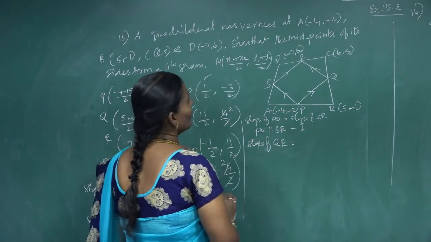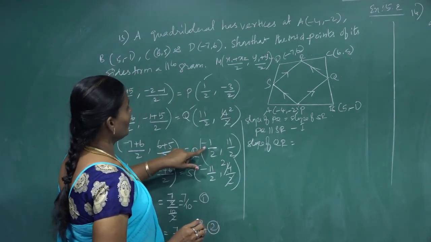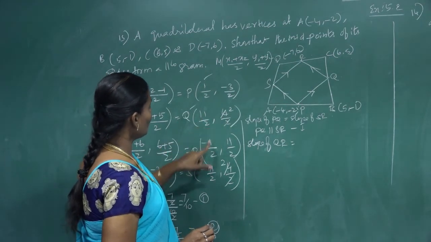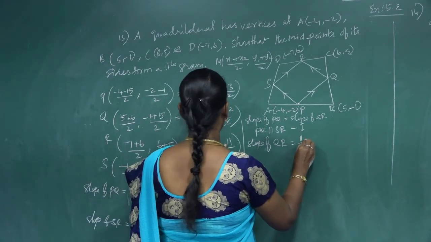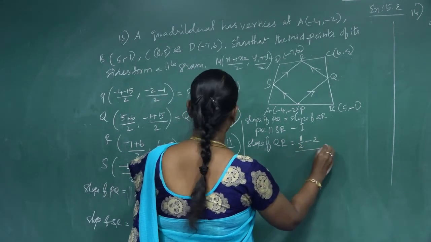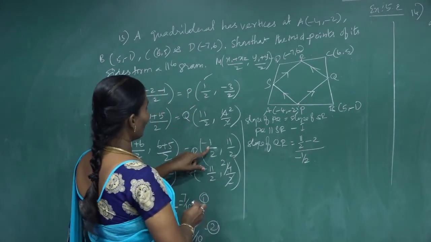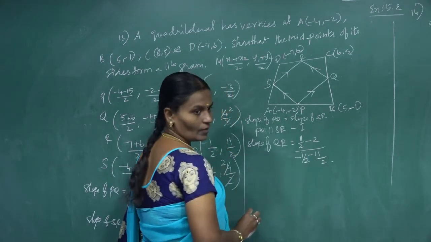QR. Okay. See the QR points. Here you take this is x1, y1, this is x2, y2. Okay. So y2 is 11 by 2 minus 2 divided by x2, which is minus 1 by 2 minus 11 by 2. Understand, children?